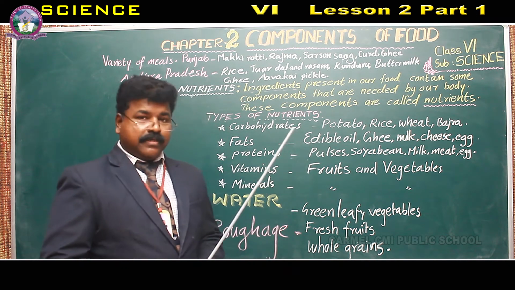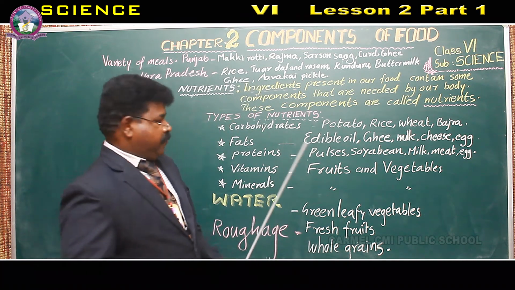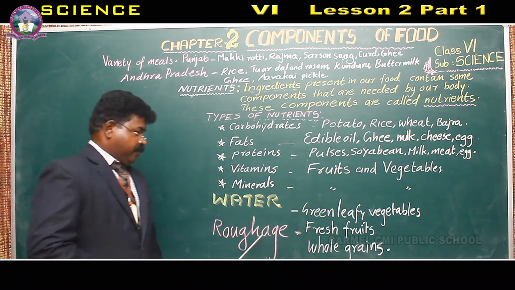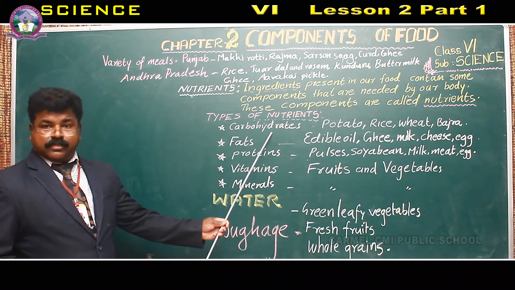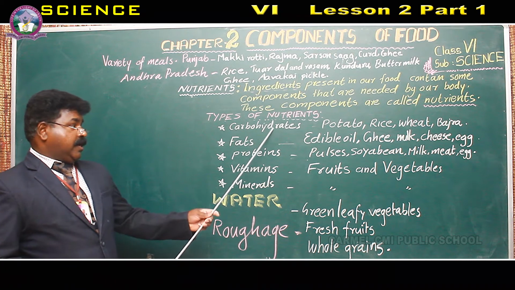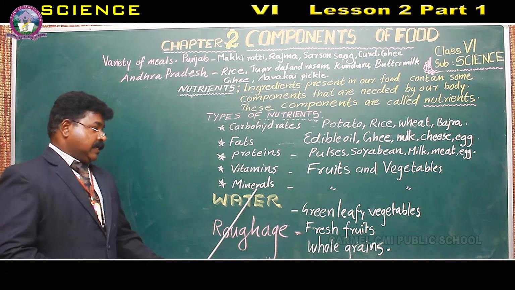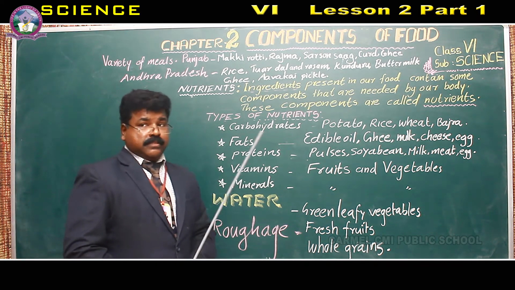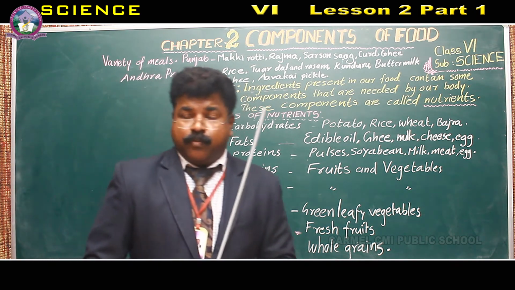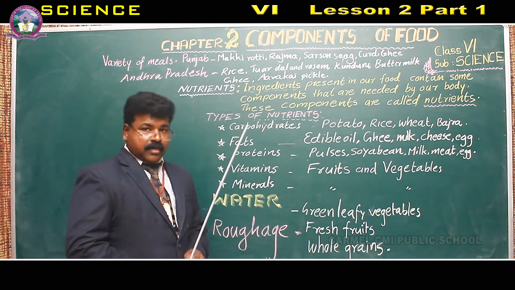These dietary fibers are also known as roughage. So, you got some idea about the different major nutrients? Carbohydrates, fats, proteins, vitamins, minerals. Apart from these, we should have a sufficient amount of water and roughage in our diet.